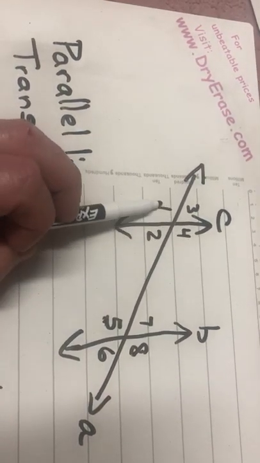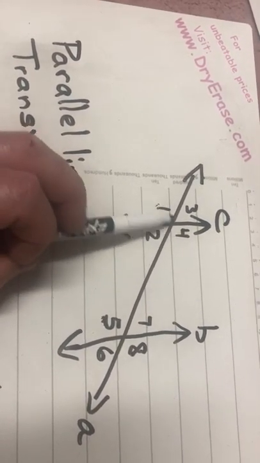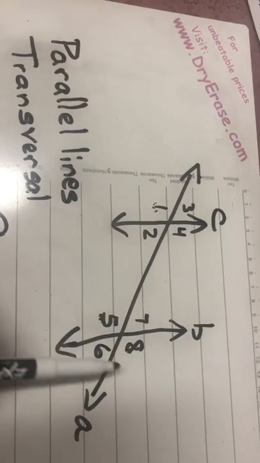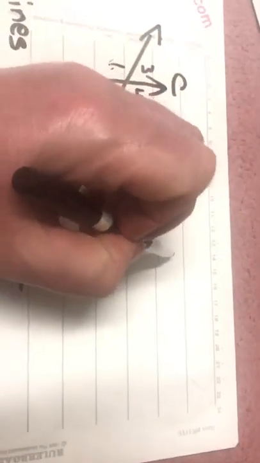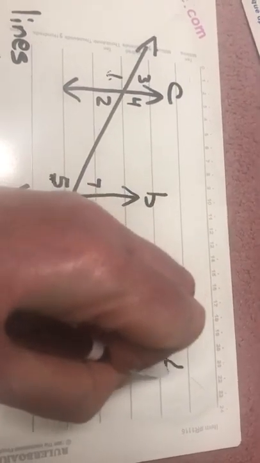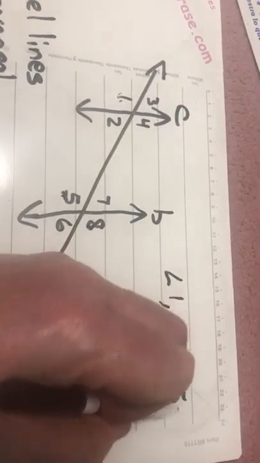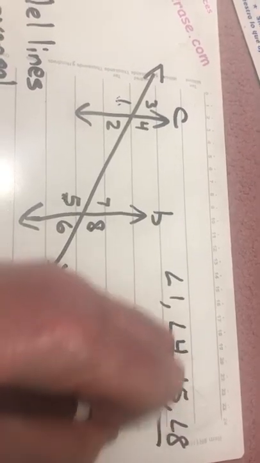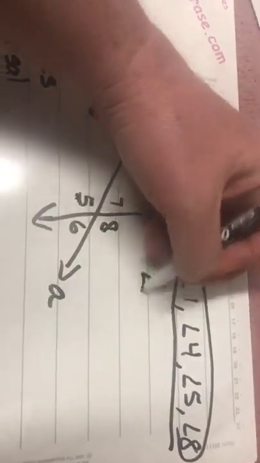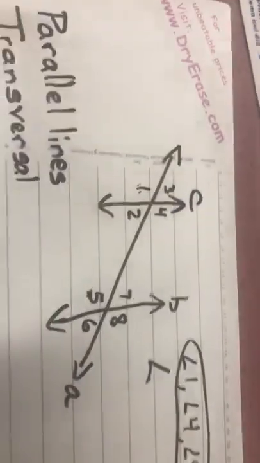And then 4 and 1 are opposite angles, so they're also going to be congruent. So 1, 4, 5, and 8 are all congruent angles. So I can say congruent angles are angle 1, angle 4, angle 5, and angle 8. That's a group right there. It's the symbol for angle.